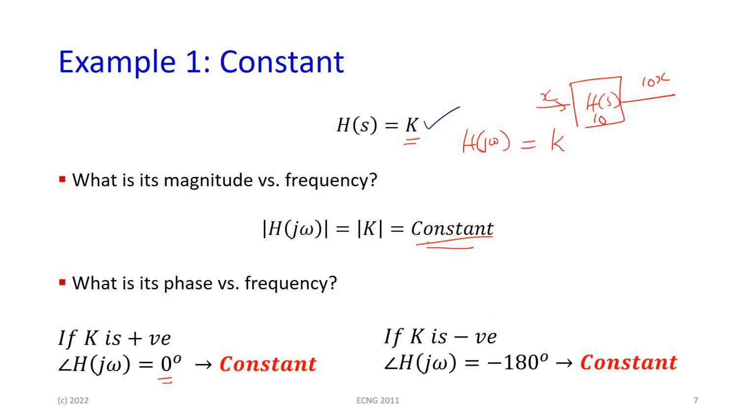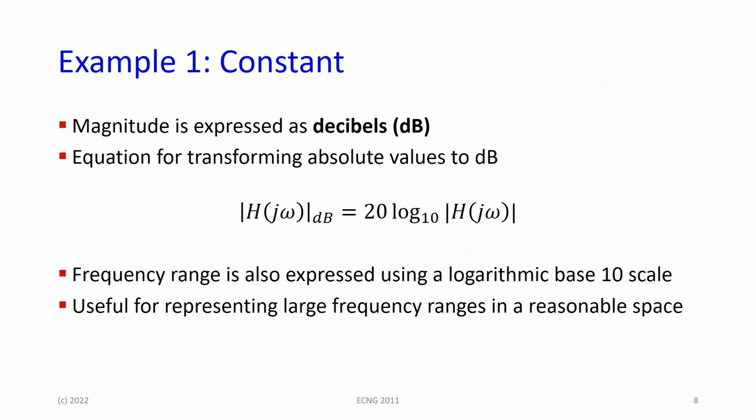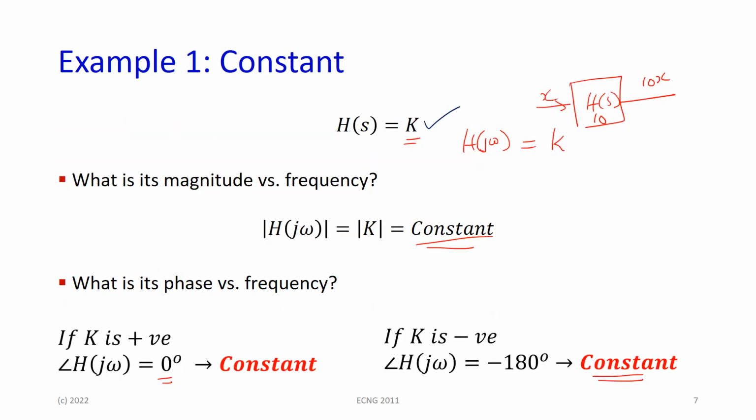A negative number, minus K, is 180 degrees out of phase, but it is also a constant. So first off, the magnitude is constant. The phase is constant: if K is positive it is 0, or if it is negative, it is constant but at minus 180 degrees. We're going to plot that in a second.